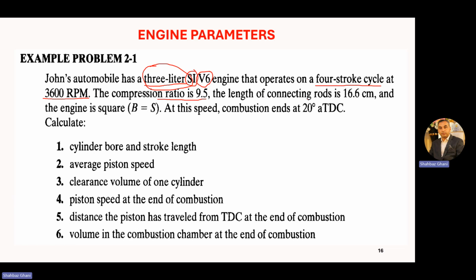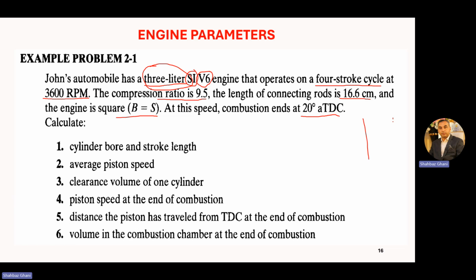The length of the connecting rod, R, is 16.6 centimeter. So, engine is square, bore is equal to stroke. Whatever value we find for the bore, we have the same value for the stroke. At this speed, the combustion ends at 20 degree after TDC.